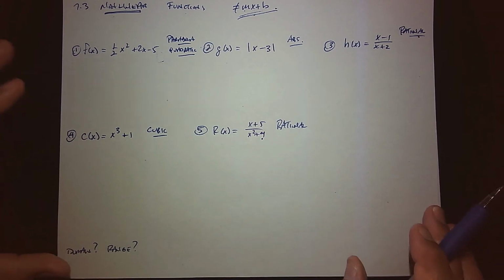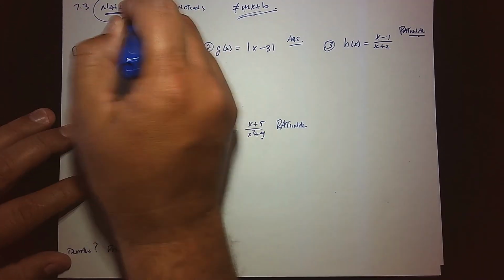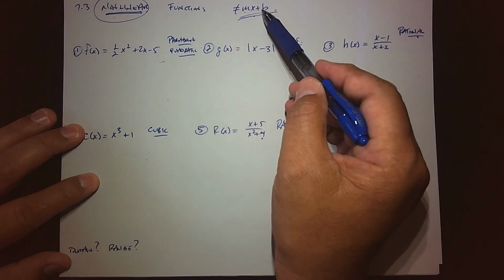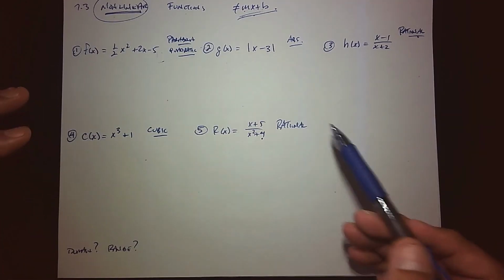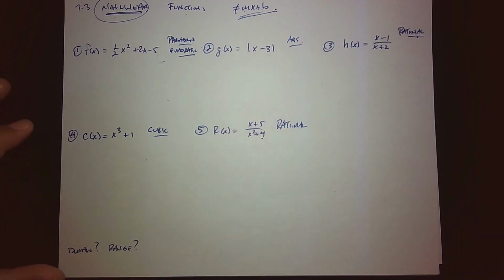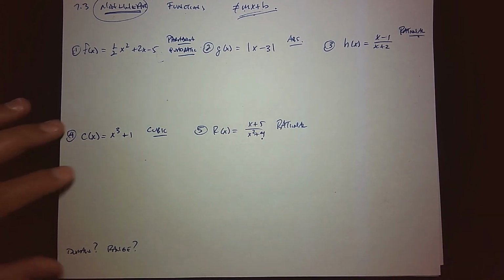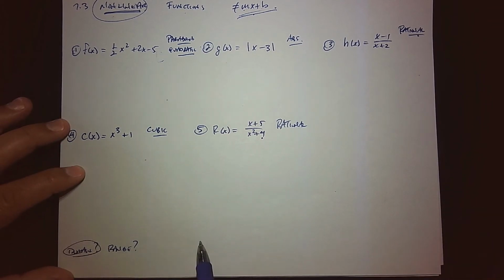Now, what do we do with nonlinear functions? The same thing we do with lines. We can graph them, we can talk about their domain and range, we can use them to mathematically model situations. A lot of that's coming later in your math careers. But for now, how about we review how to find the domain?